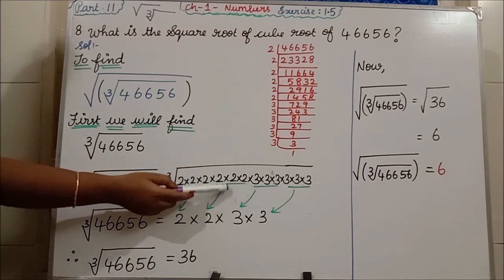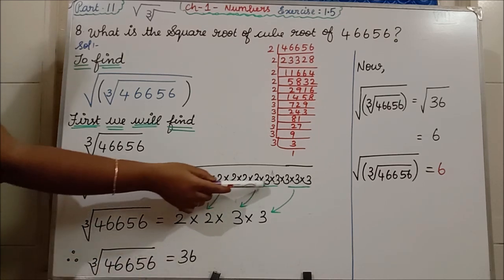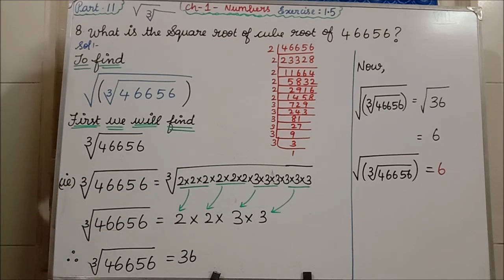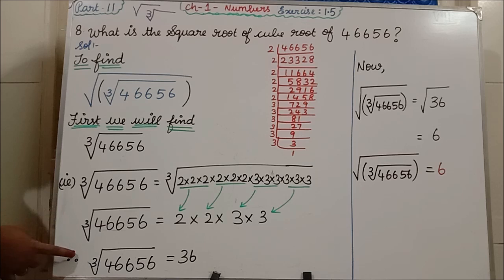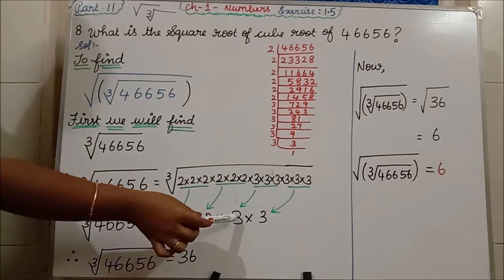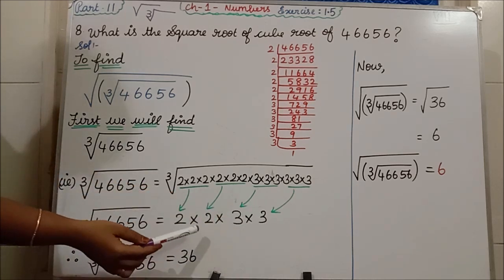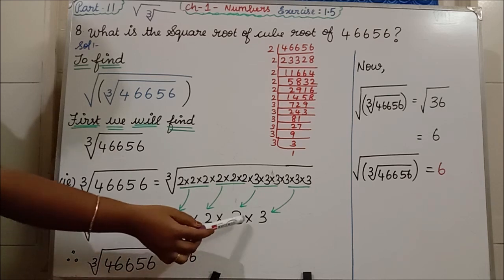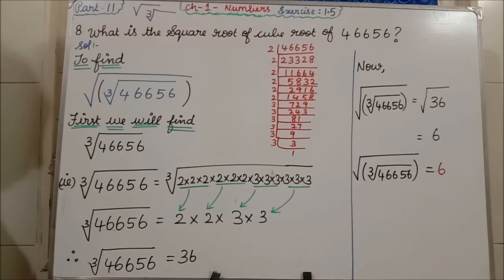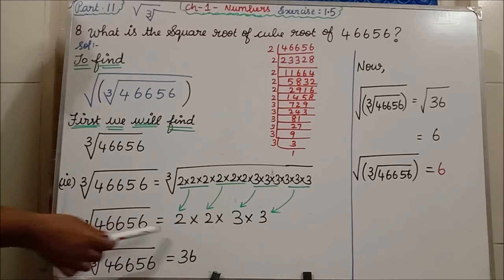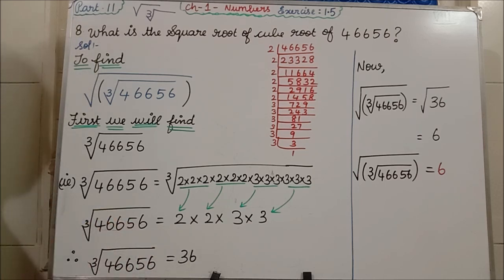Again three 2s we are having, from that I am taking one 2. Three 3s we are having, from that we are taking one 3, and last three 3s, from that one 3 we are taking. Therefore, the cube root of 46,656 answer is: 2 2s are 4, 4 2s are 8, 2 2s are 4, 4 3s are 12, 12 3s are 36. Clear? So the cube root of 46,656 answer we are getting as 36.